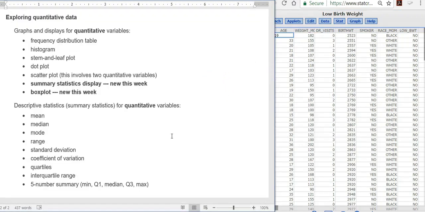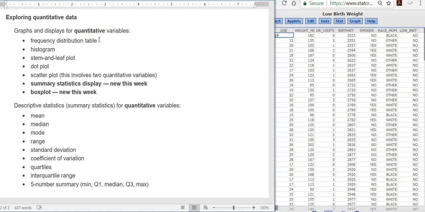So first, we're just going to explore the data that we have. We're going to look at lots of different graphs and displays. We're going to look at the descriptive statistics and see what that might have to tell us. We're going to start with creating graphs, and we want to do ones that are appropriate for quantitative variables and appropriate for this situation. We could do a frequency distribution table.